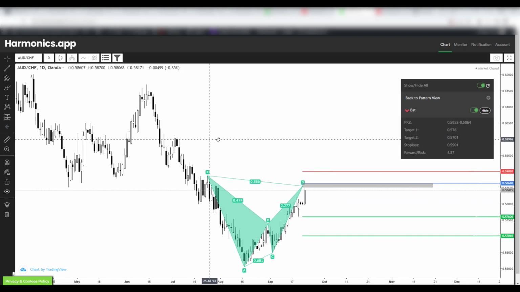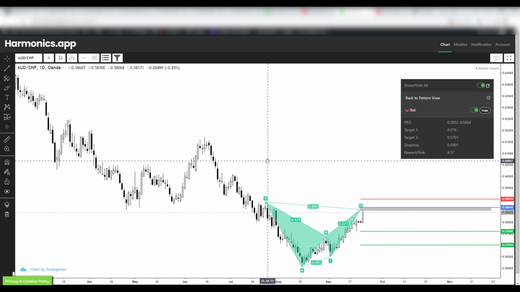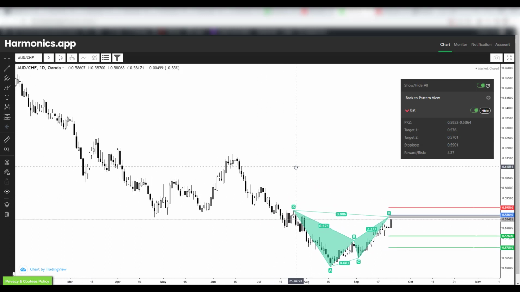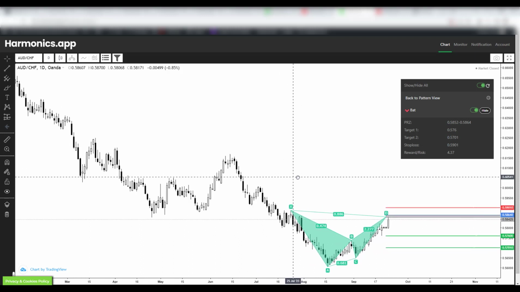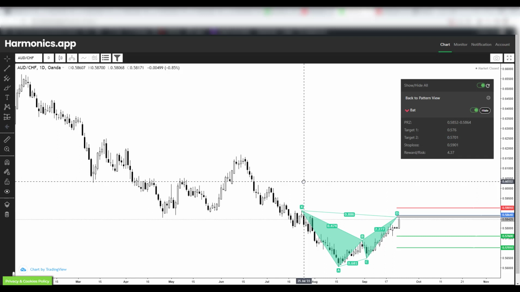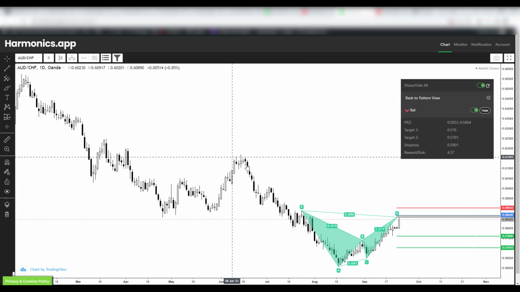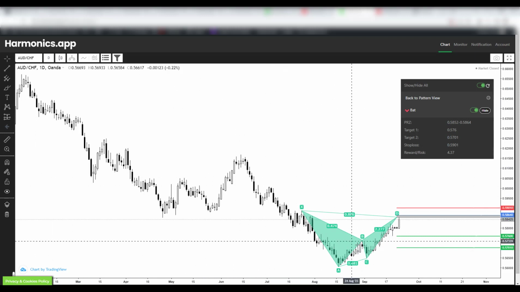For the bat pattern, if you have not seen my previous analysis, you can see the idea about the bat pattern and what the most profitable and successful bat pattern formation is. Just for your information, this is very critical. The first important thing is the trend. The trend must have formed on the chart for a very long time, and you can see this downtrend.